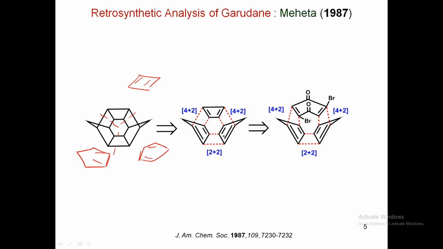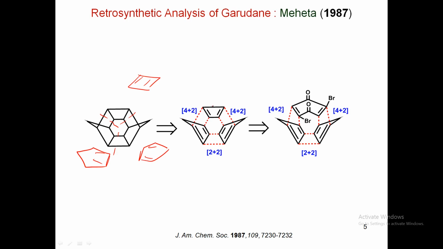So a normal 4 plus 2 should be difficult because you can see both are electronically the same. So diene and dienophile selectivity, what would be the diene and what would be the dienophile, would be difficult, and synthesizing this is also challenging.